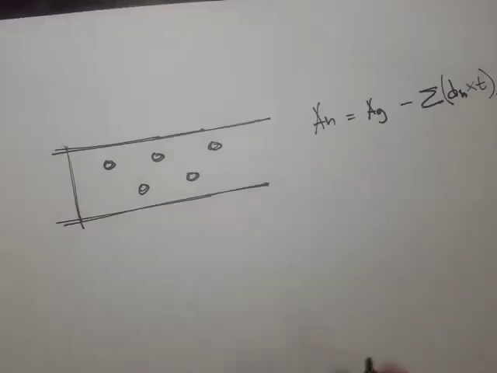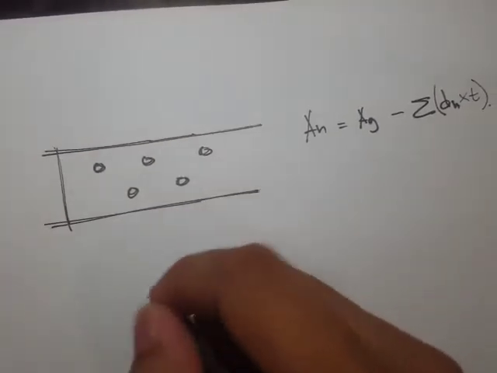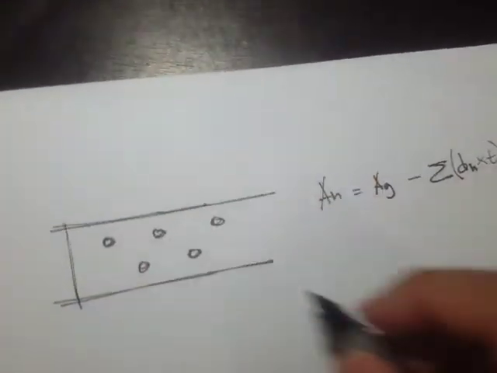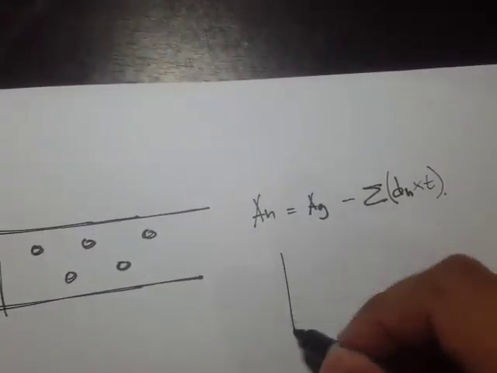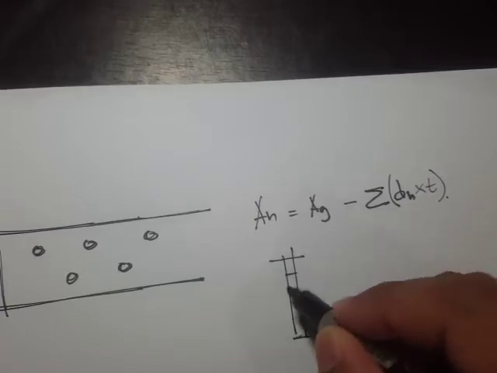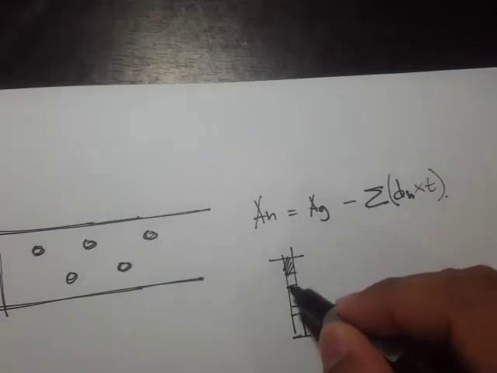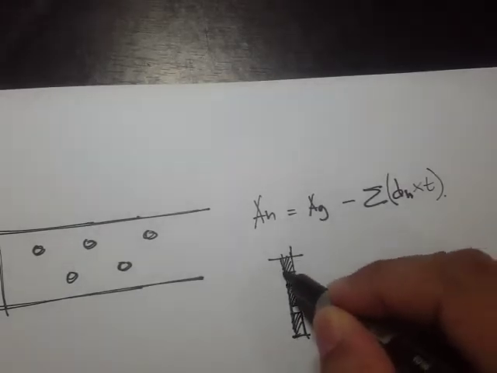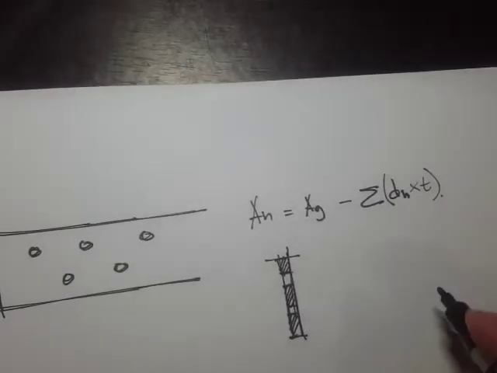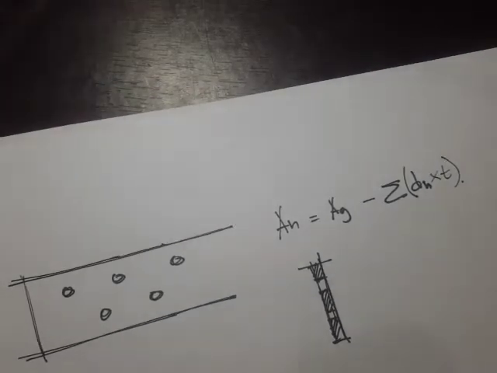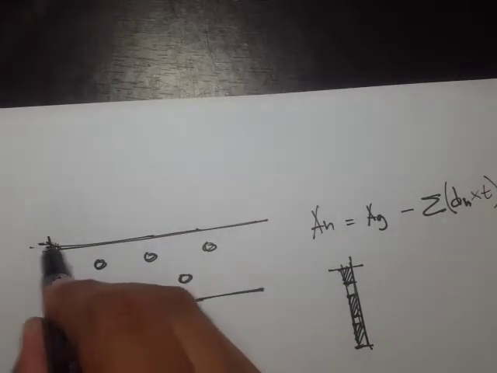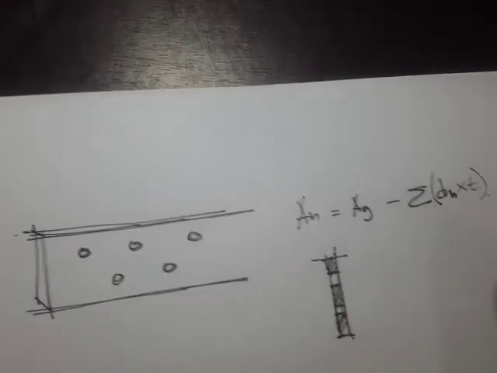Now if we try to draw this in a three-dimensional view, it's going to be something like this. If it's an inline configuration, it will be something like this. But if it's a staggered connection, then let's convert this to a three-dimensional figure, just a plate or a bar.